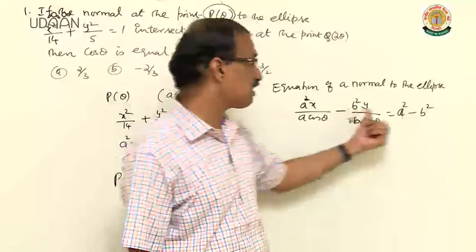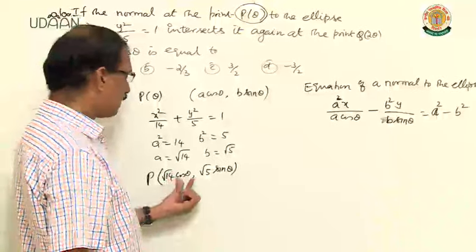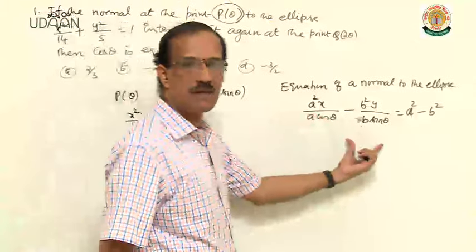This is the general equation of a normal.